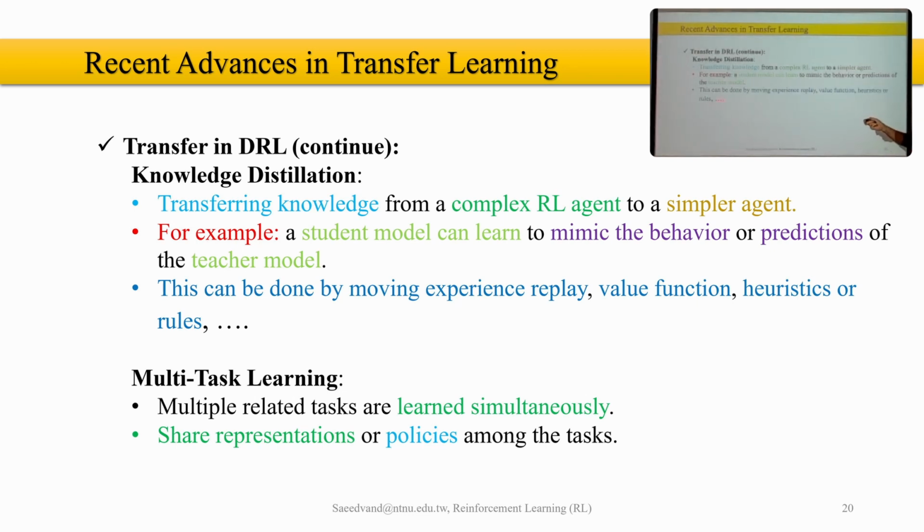You make a simpler form of transferring the knowledge to the next agent. How can this be done practically, your question may be, in reinforcement learning? Practically, you can move the experience replay buffer, or part of the experience replay buffer, to the new agent. What does it mean?